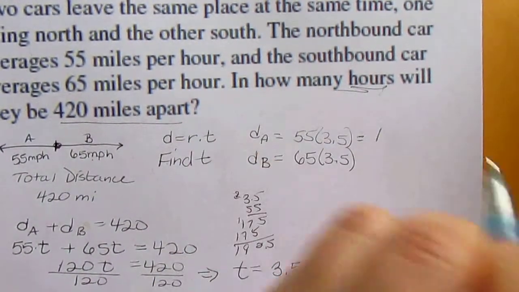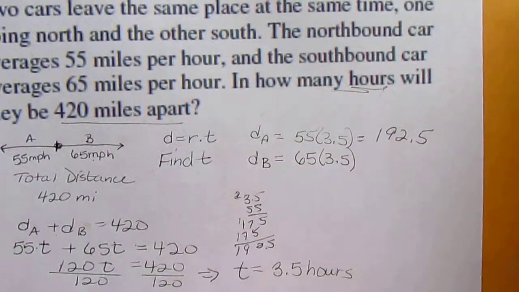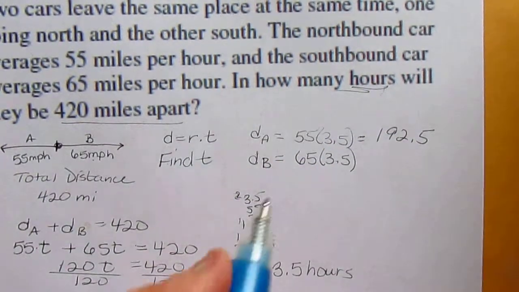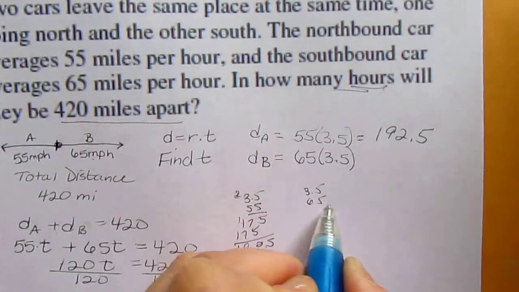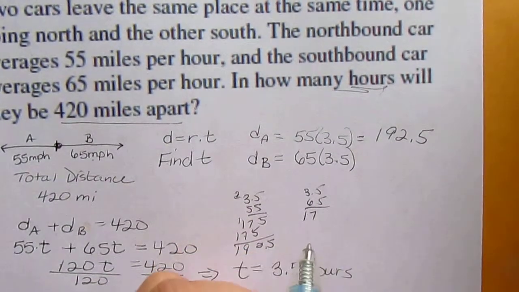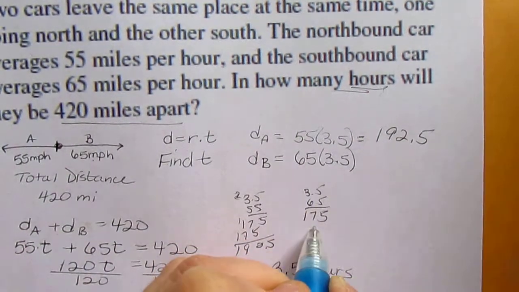He goes 192.5. And 3.5 times 65. I already got the first one. 35 times 5 is 175.